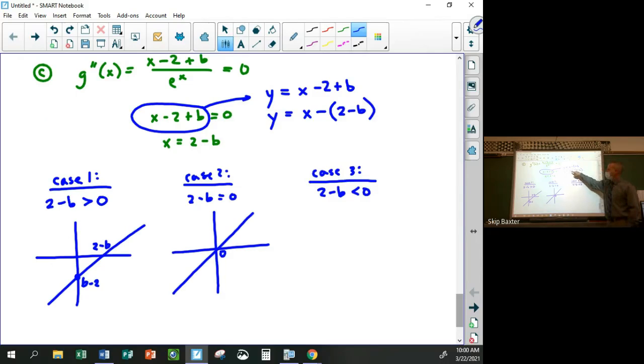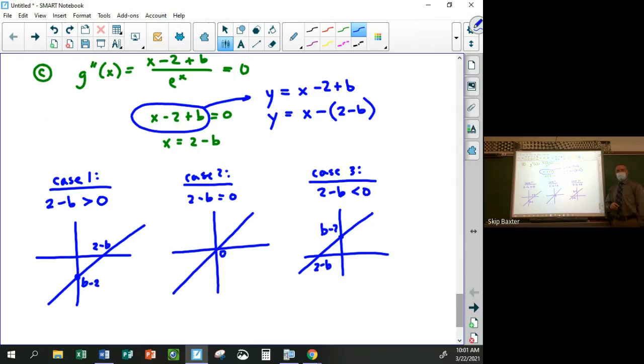In that case, you have x minus a negative number, which means that the y-intercept of this line is above the x-axis, like that. In that case, 2 minus b is negative, so this is the negative of that, b minus 2. And this is also 2 minus b.